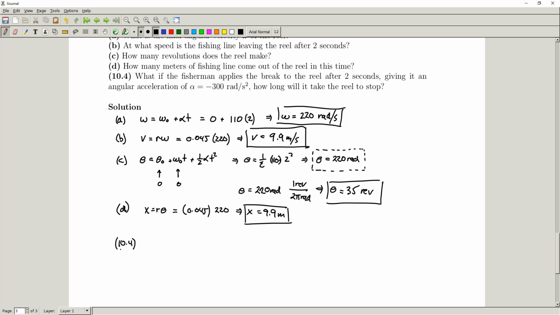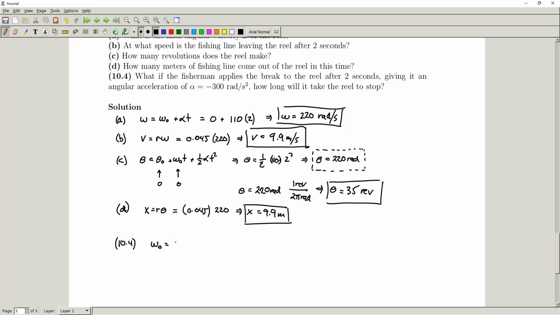We can't just bridge the gap of the 2 angular accelerations with one equation. But like we could in the past, we can simply set our omega naught. So what we're going to do now is set omega naught to the old omega that we found. Before, we started off with an omega naught of 0, and we found that at some time t omega would end up being 220 radians per second.